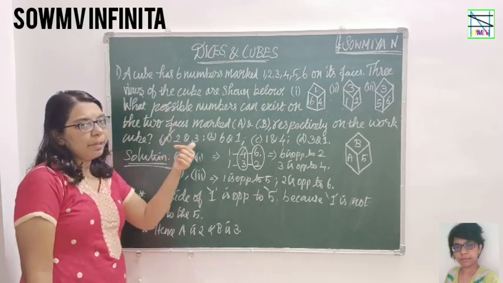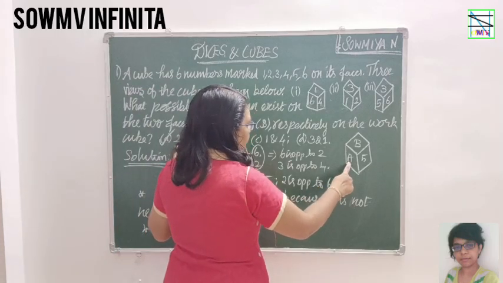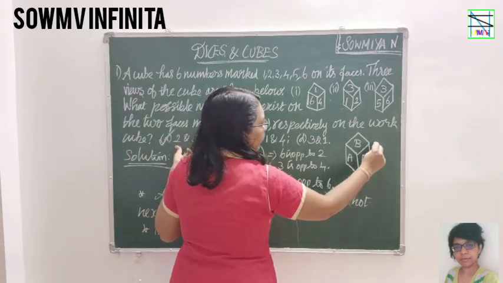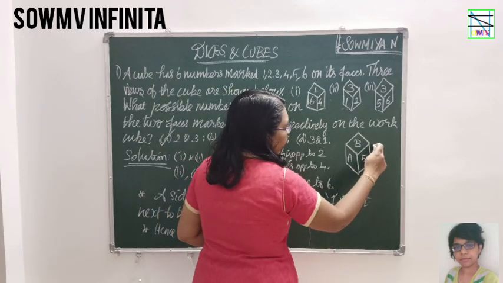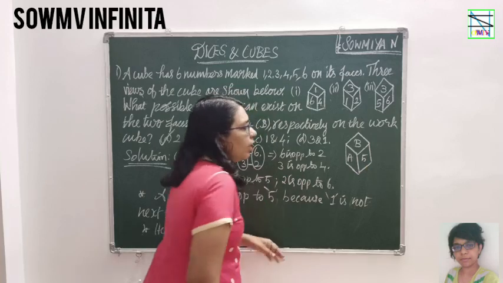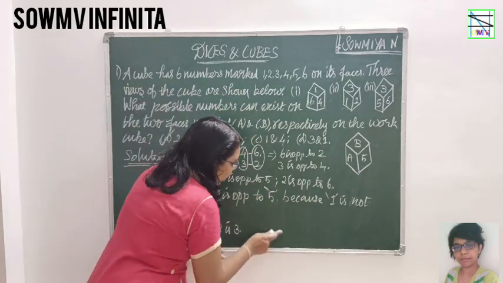A is 2 and B is 3, which means A is 2 here. The opposite of 2 is 6, which means the next of 5 is 6. It may be arranged in order.